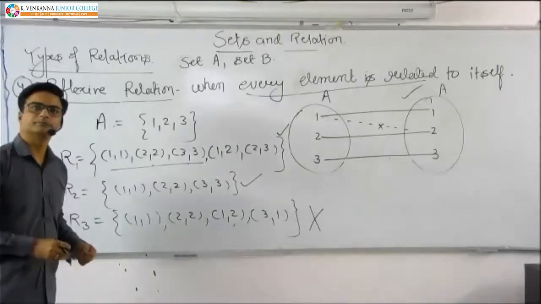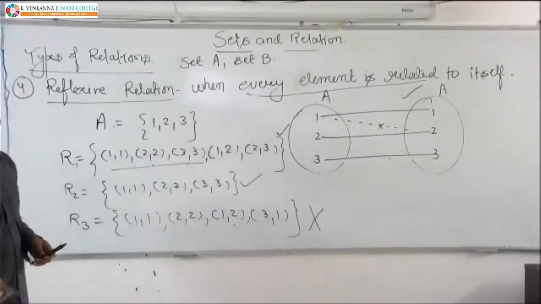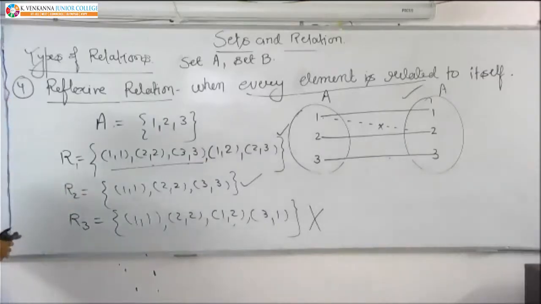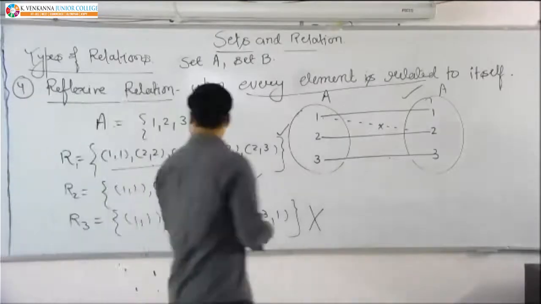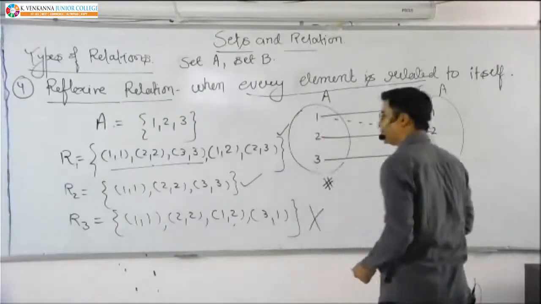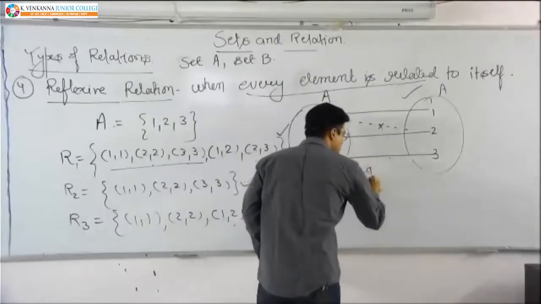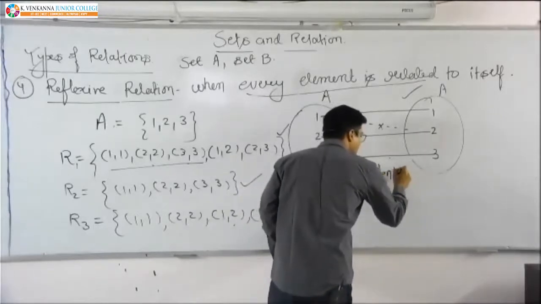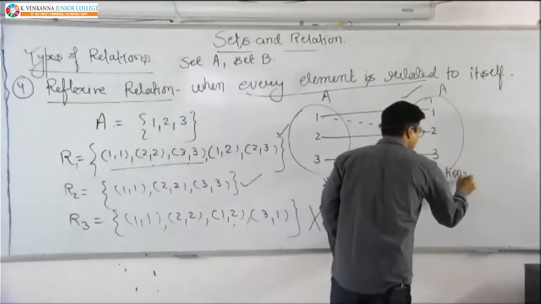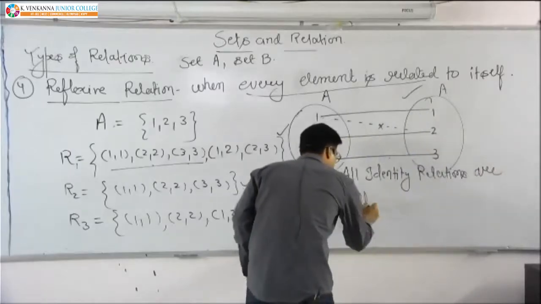Is it clear? Clear, good. Quickly copy, then I'll rub this off. From this point 2, I can write a property: all identity relations are reflexive relations also.